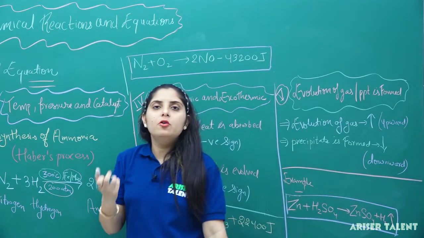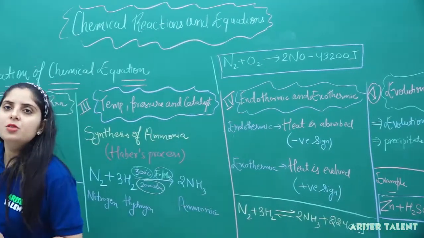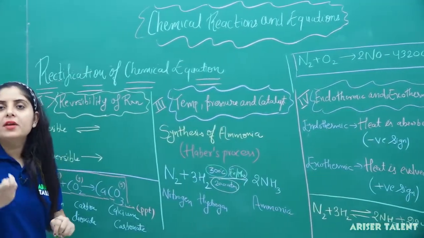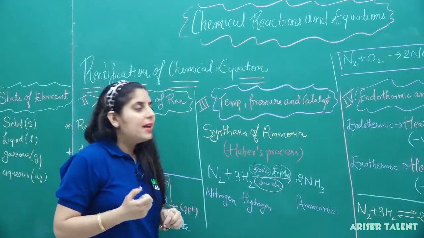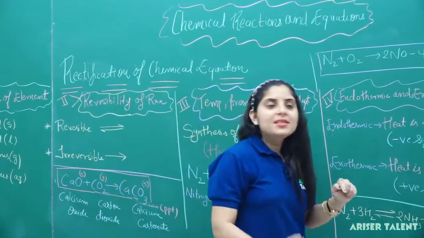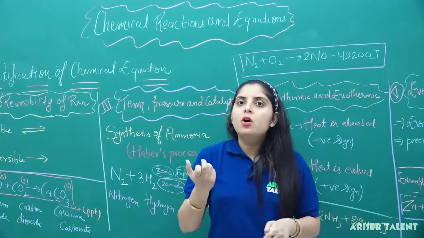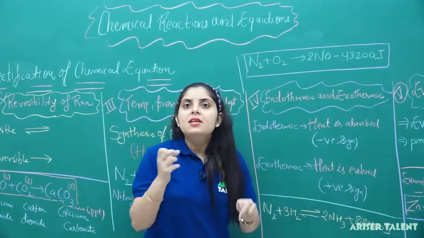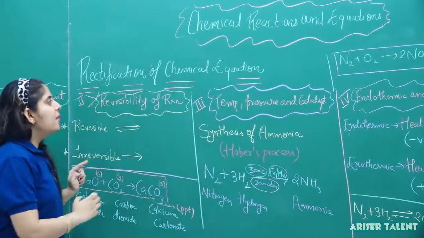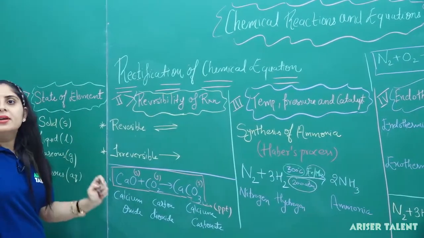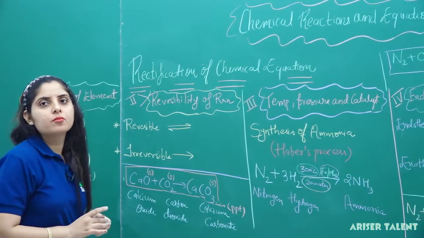So if the hydrogen gas is evolved, it may be shown by the arrow. And the last point, we can also write the nature of the acid used, whether we are using dilute acid or concentrated acid. If I am using dilute acid, I will write DIL below the H2SO4, and if I am using concentrated acid, I can write it as CONC. So it is all about the rectification method that we have used in the chemical equation. If you want to copy it, please copy it.